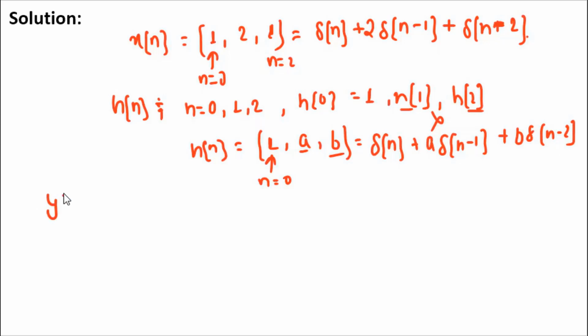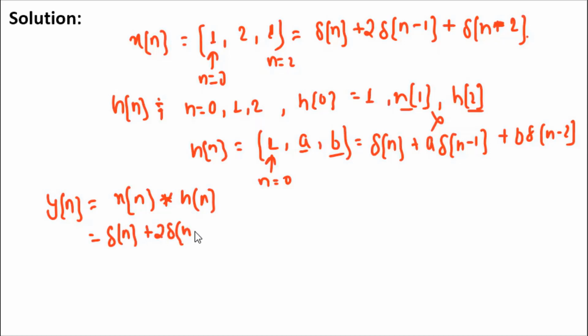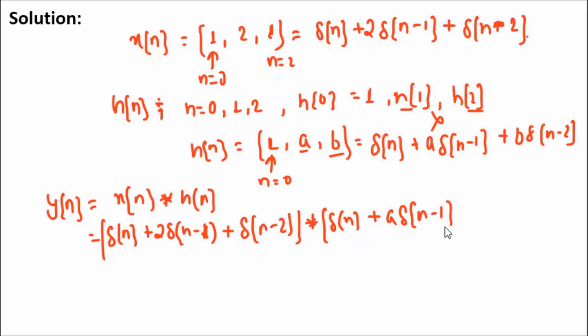Now y of n equals x of n convolved with h of n. So x of n, which is delta of n plus 2 times delta of n minus 1 plus delta of n minus 2, is convolved with h of n, which is delta of n plus a times delta of n minus 1 plus b times delta of n minus 2.